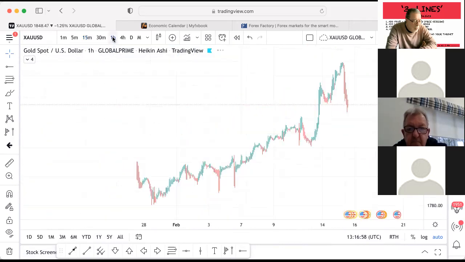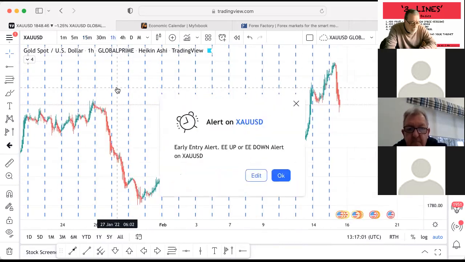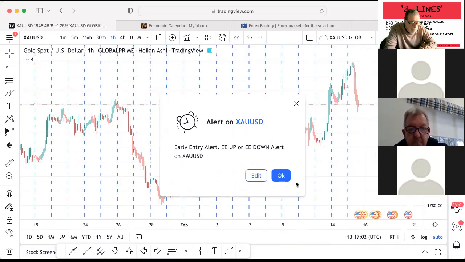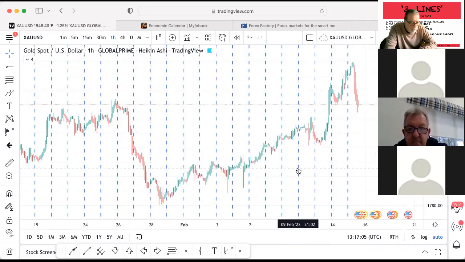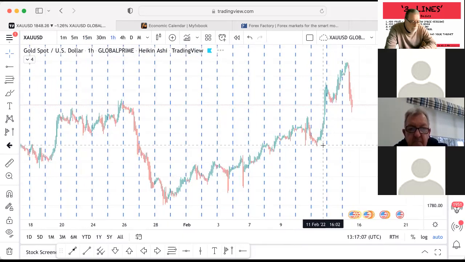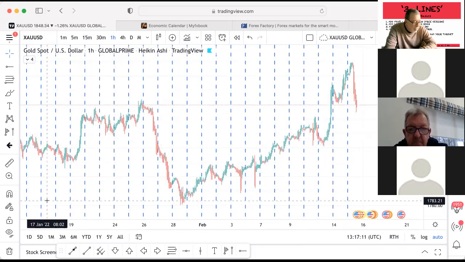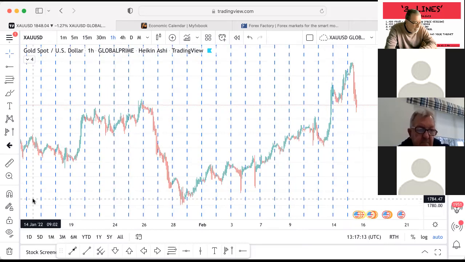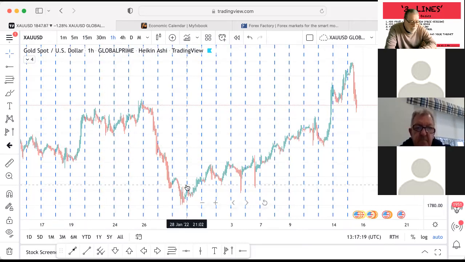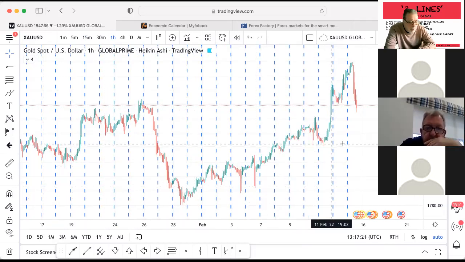If I look at the 1-hour chart, this is something I do every day when I'm getting ready for trading. I look at the last, well, here we're going back to the 14th of January. So that's just over a month's worth of trading. And this just gives me an idea of the bigger picture.